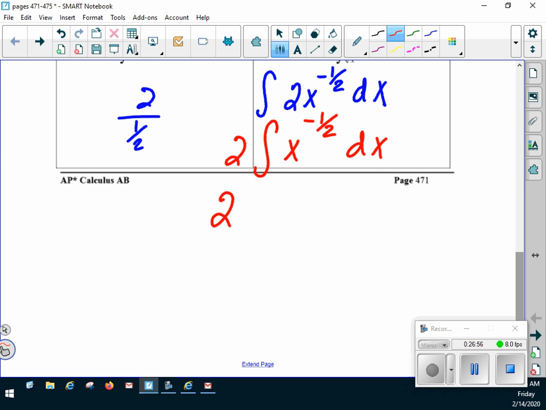And that would be 2 times the antiderivative of x to the negative 1/2, which is x to the 1/2, and you're dividing by that new exponent, so 1 divided by 1/2 is 2, plus c. Okay? So in a single term, if you have a coefficient, you can bring it out and multiply by it later. Sometimes that's easier, sometimes not.